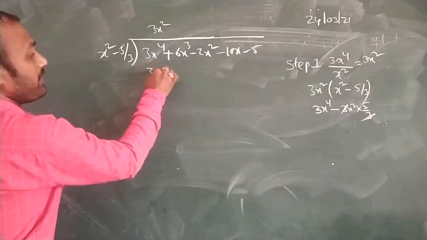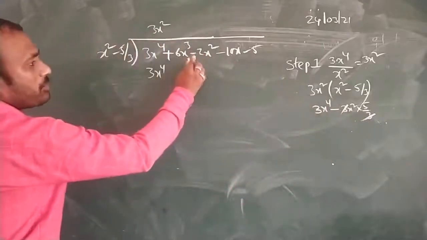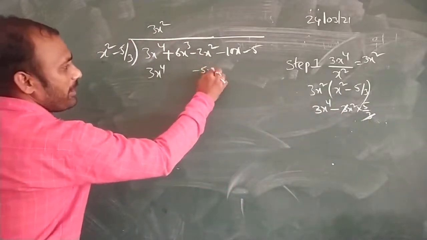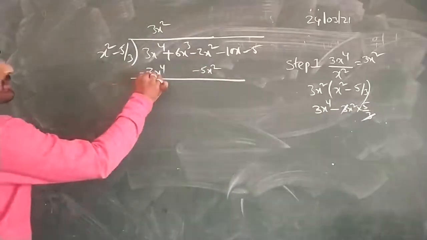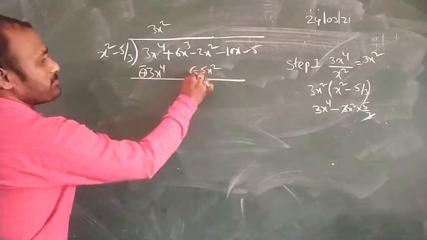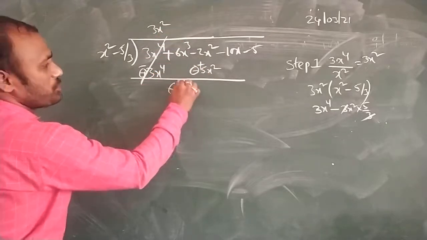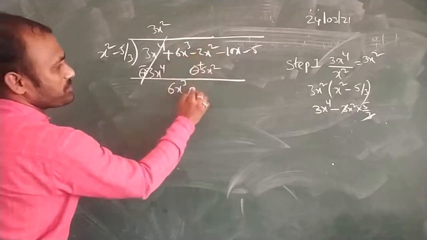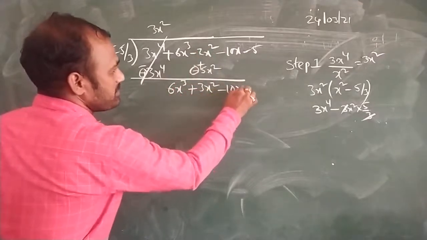So let me write here 3x to the power of 4 minus 5x square. We need to change the signs: plus becomes minus, minus becomes plus. This gets cancelled. Next, 6x cube, and minus 2 plus 5 will be plus 3x square, minus 10x.